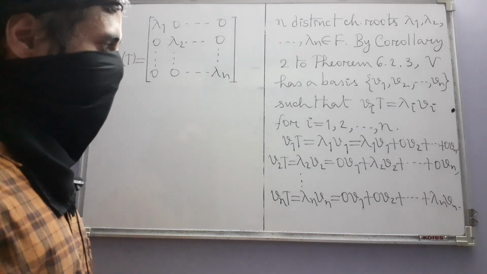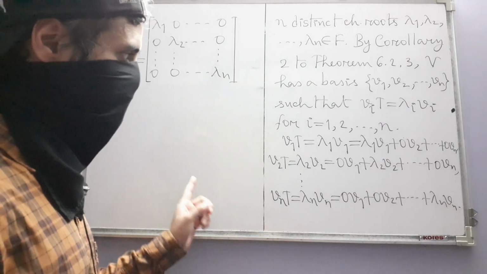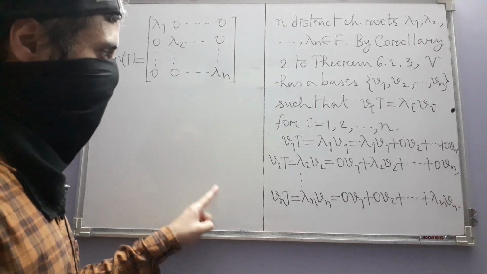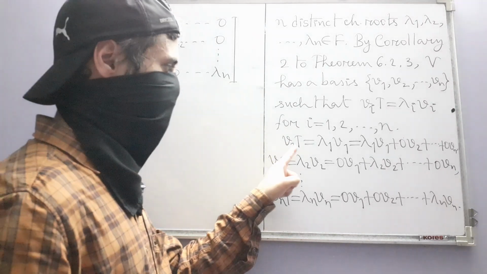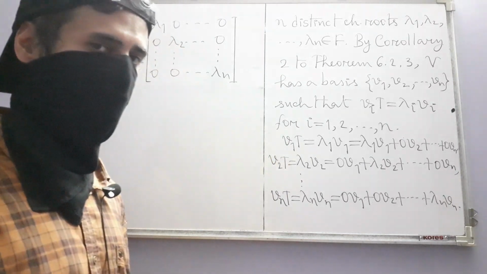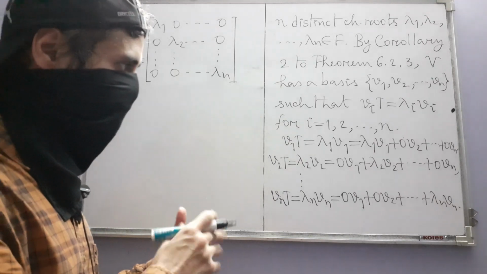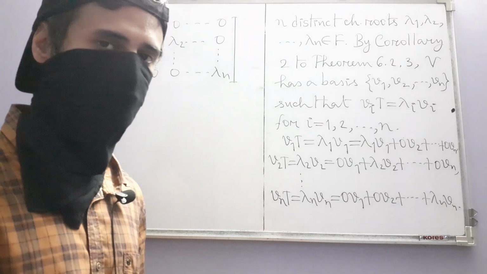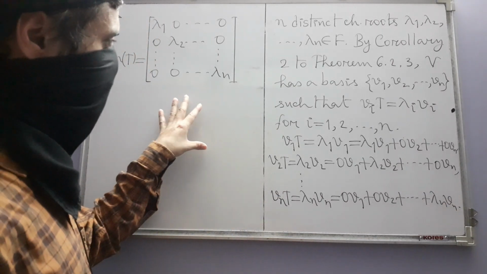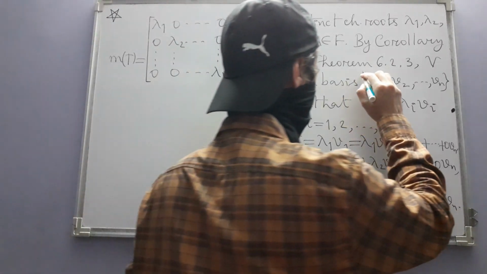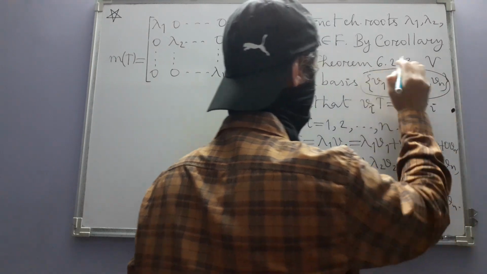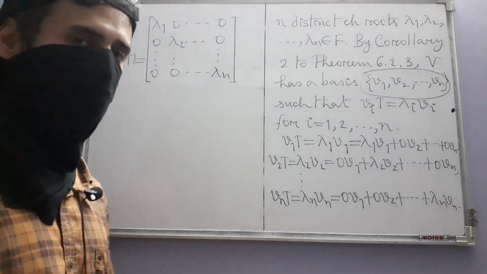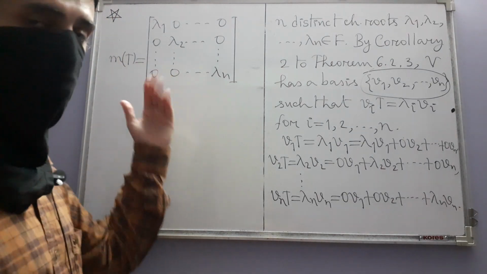So we will see that this association between operators and matrices can be used to know things about operators without working directly with operators themselves, but working with their corresponding matrices. And that's why we want to be able to find a basis with respect to which the matrix of an operator is very simple like this.